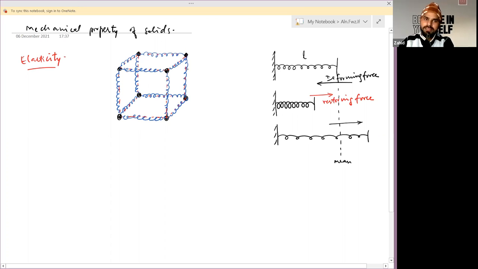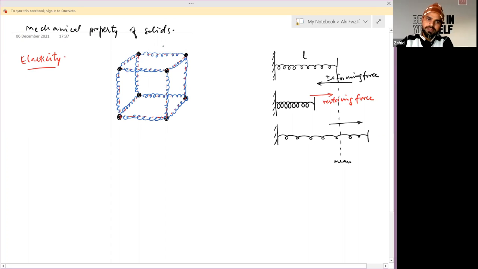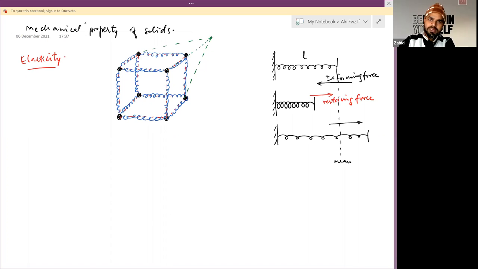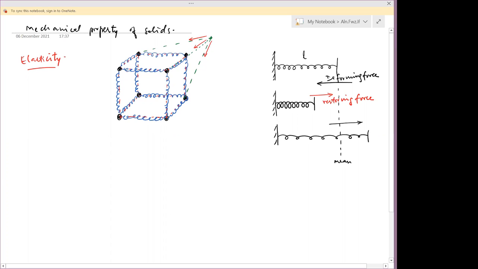Suppose there is an element of particles in a particular solid like this. Now, if you apply a deforming force along any one direction, it may get deformed like this till this point. Due to this deformation, a force gets developed into it along this direction, which will tend to bring the particle back to its original position. This tendency of a body is called elasticity. Is it clear? Yes, sir.